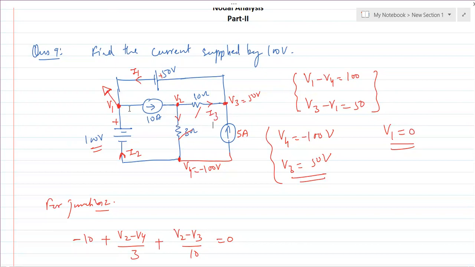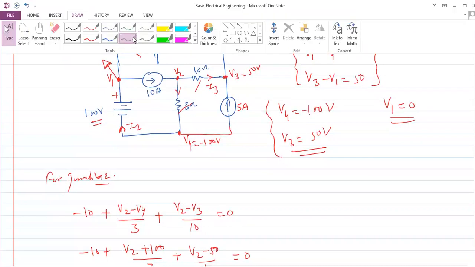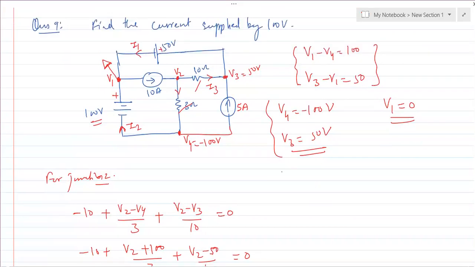Because we are going to use all these values of current. So if I want to apply the KCL on junction number 1, I should know the value of I1 so that I can find out the value of I2. So to find this I1, I have to apply KCL at junction number 3. By KCL at junction 3, we have a current incoming towards junction 3, that is -I3.